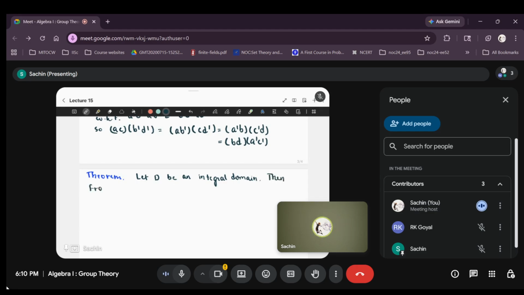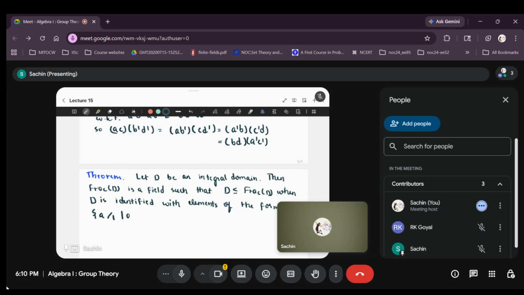Then frac D is a field such that D is actually a subring of frac D when D is identified with elements of the form A by 1, where A belongs to D.